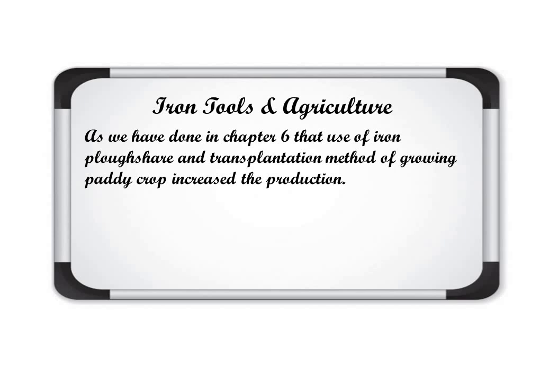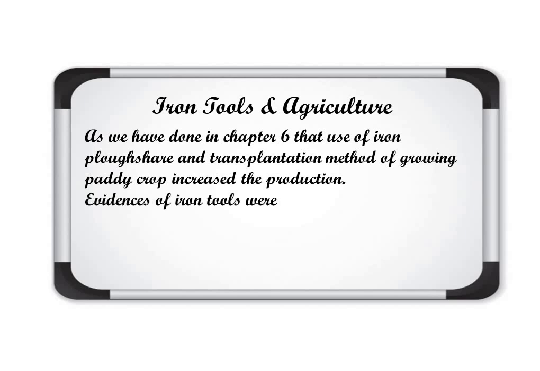In the starting, they were just scattering the seeds on the field, but later on, they started using the transplantation method, in which first of all they prepared the saplings of the paddy crop, then they grew the crop itself. So, in this way, they increased the production.